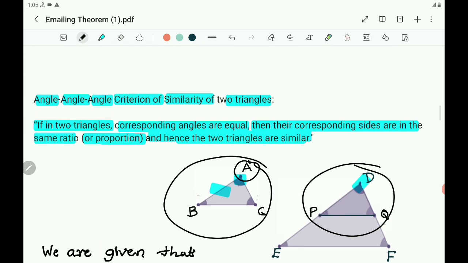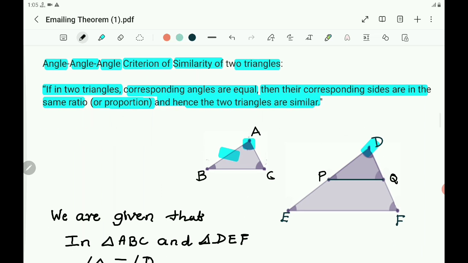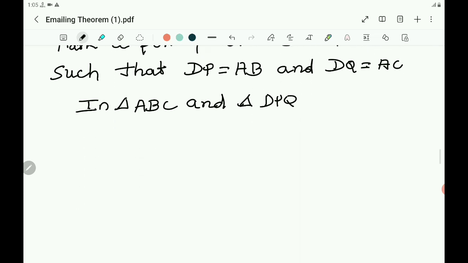First you write angle A equals angle D, because that is given.